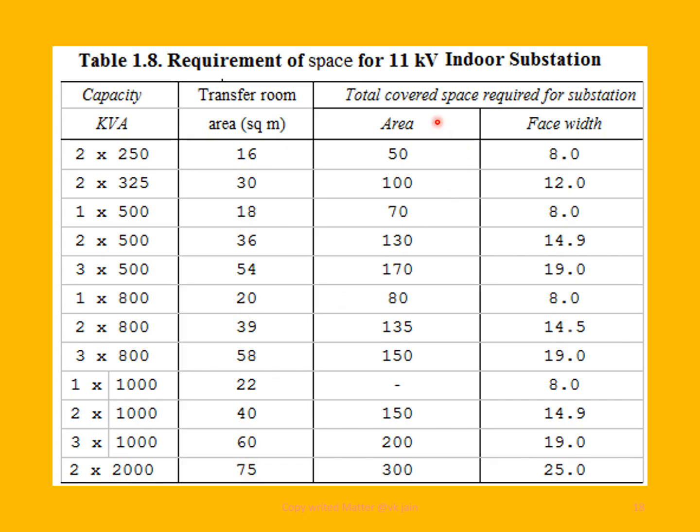The third is the outside space, and the total covered space required for the substation area is given here, and before this equipment you have to have a space face width as given in this table.